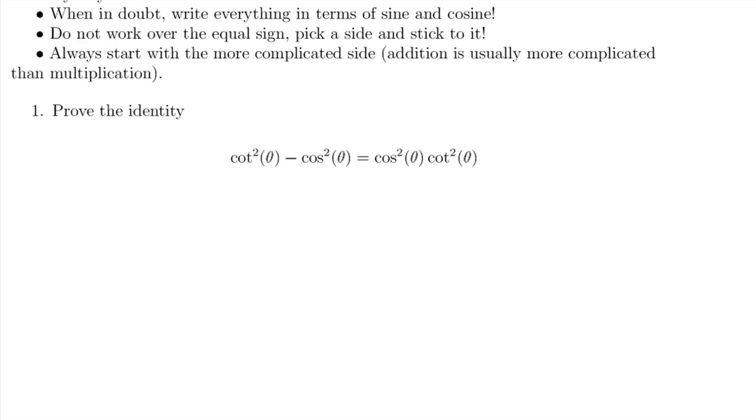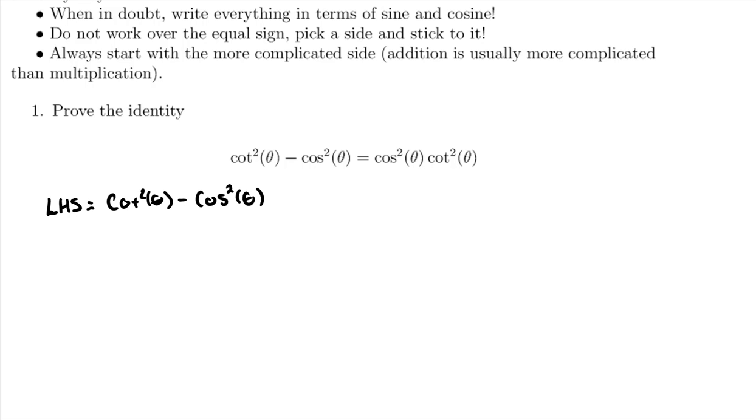So you can't use the fact that they're the same in your proof, which is inadvertently what you'd be doing when working across the equal sign. So just don't do that. So we're going to start with our left-hand side here, because I said this is more complicated. It's where the addition or subtraction is, and I like to abbreviate LHS or RHS to denote which side I'm starting with. So this is a reminder for myself.